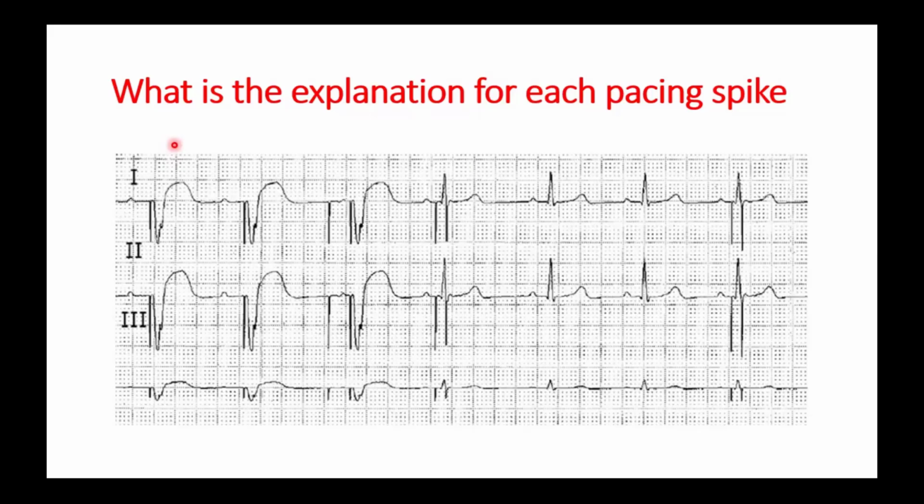First spike A-sense V-pace. Yes. Then A-pace V-pace. Excellent. The first one, non-sense of atrium, and there is a fusion between the spike and the normal beat.